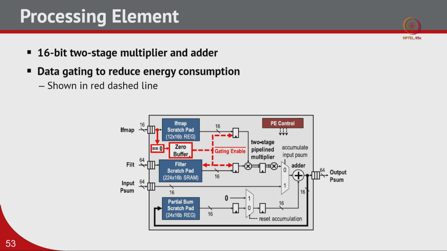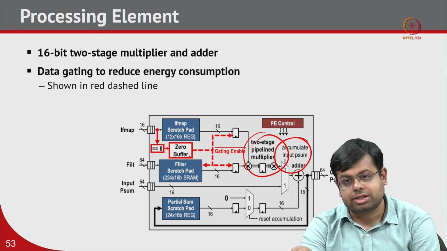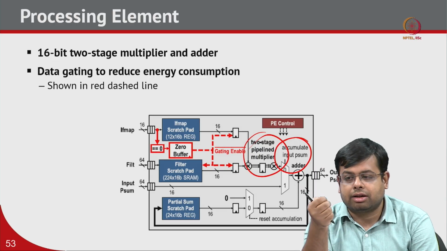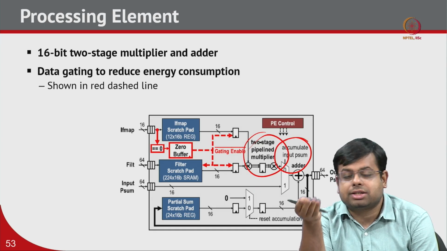Then inside the processing element, they have multiple levels of optimization. First, they have a 16-bit 2-stage pipelined multiplier, and then they have a 16-bit adder. But more than that, they have introduced something called data gating to reduce the energy consumption. Remember, as I was saying, there are a lot of zeros in the data. If we have a lot of zeros, it is wasteful to compute multiplication or addition with respect to 0.